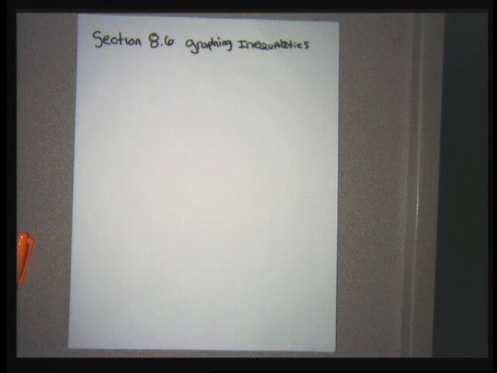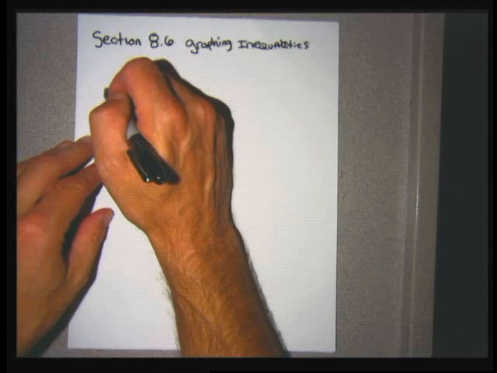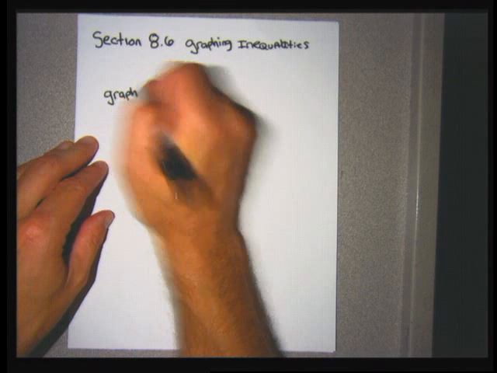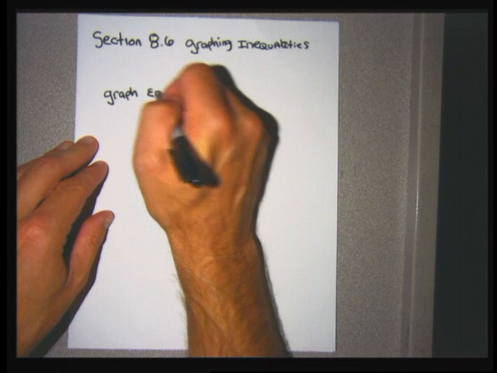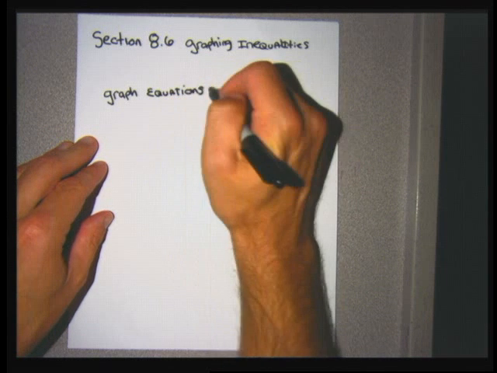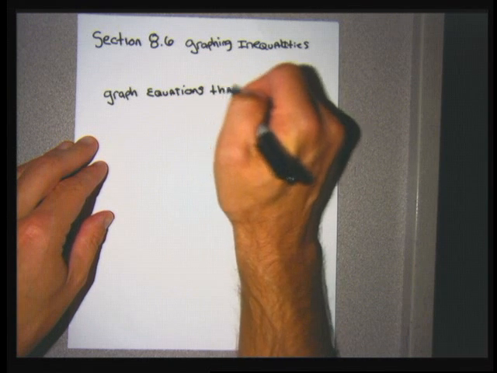Before I jump into the section, we have to remember how to graph some lines, and specifically these kinds you may have forgotten how to do, so I should do them first.